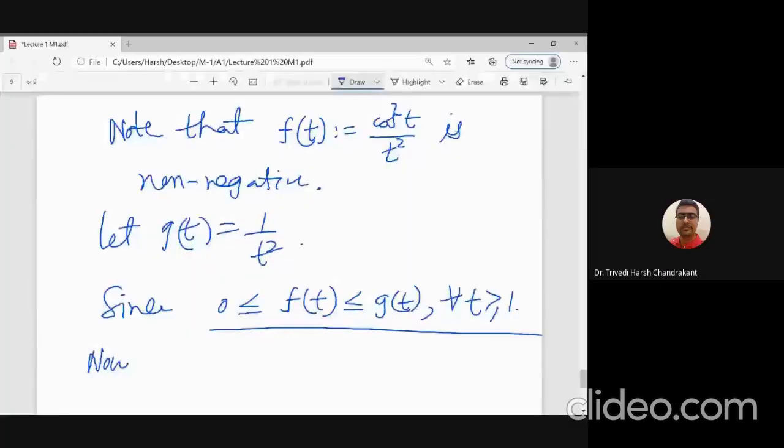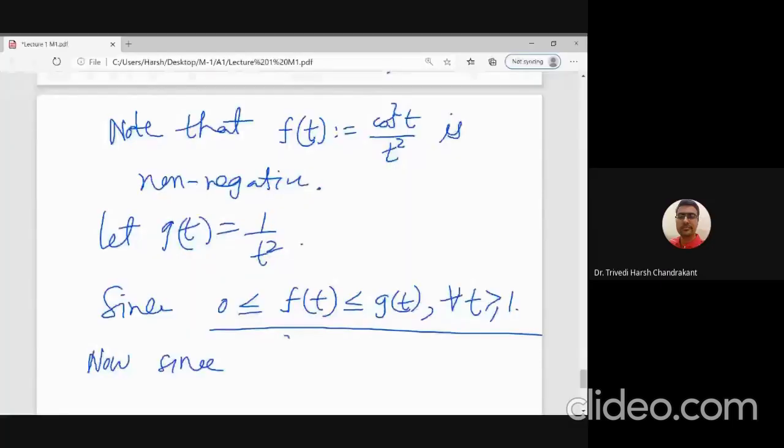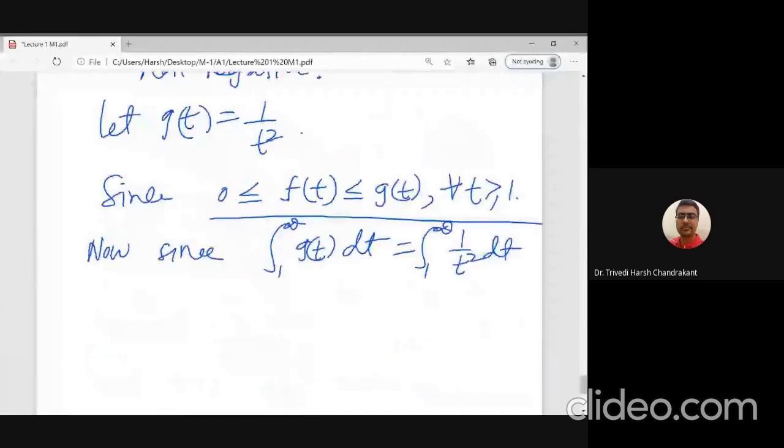Now, what is the integral of g(t)? That is the integral of 1 upon t square dt. Whether it is convergent or divergent: this is actually convergent because in the p integral test, p is equal to 2. Whenever p is greater than 1, it is convergent.